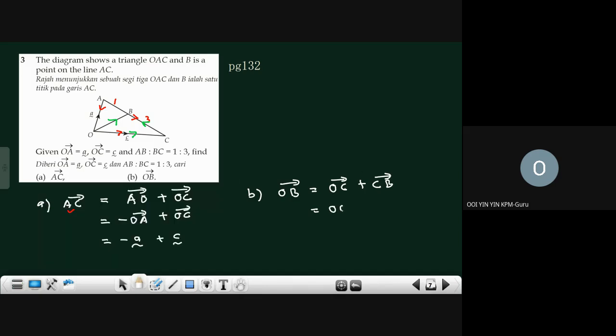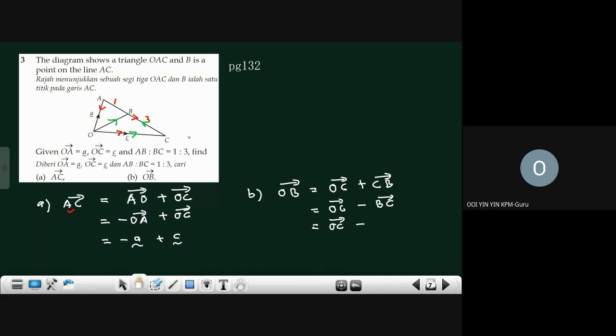OC remains unchanged, but because your CB is opposite to your AC direction, the positive should change to negative, and then your CB will be BC.